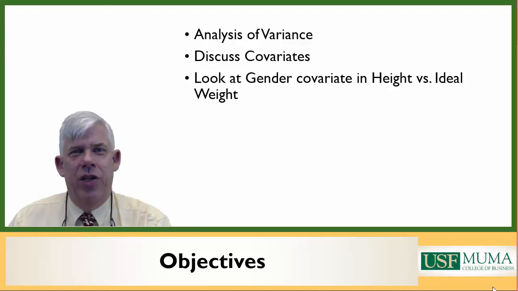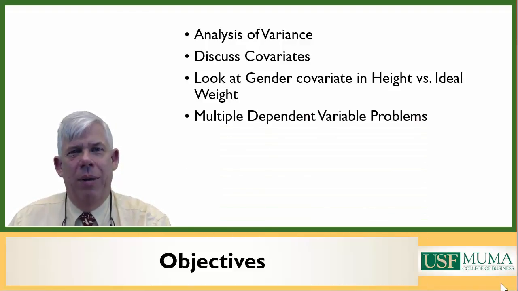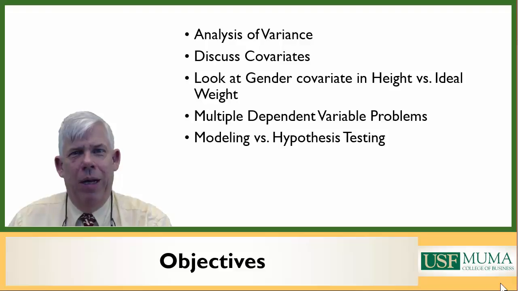Then we'll take a look at gender specifically as a covariate in height versus ideal weight. And then we'll talk about the challenge of multiple dependent variables. And the technique that can be used there is sometimes referred to as MANOVA, whereas analysis of variance is known as ANOVA. And then finally, we'll just talk a little bit more about modeling versus hypothesis testing.